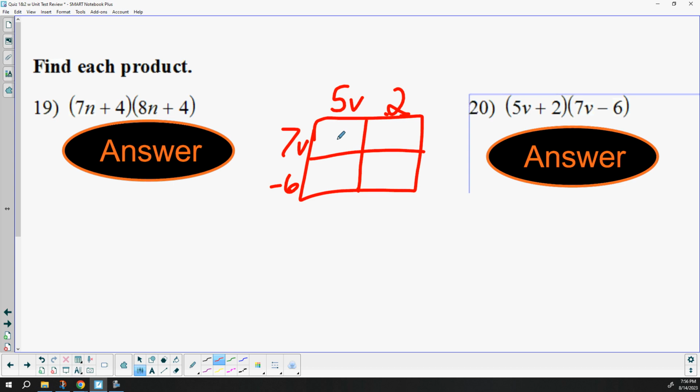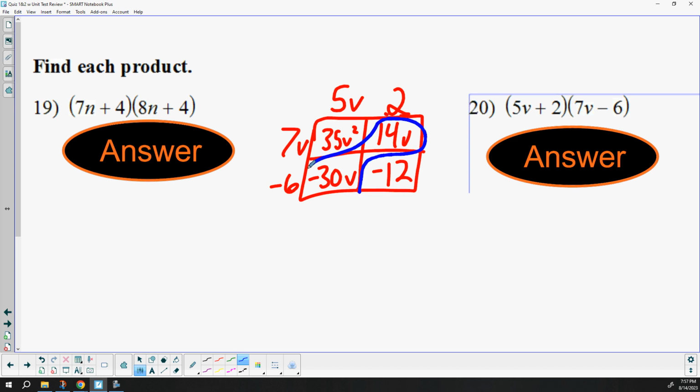7 and 5, 35. Remember, you're multiplying. 7 times 2 is 14 because we're multiplying. 5 and negative 6, negative 30 v, and then over here, negative 6 and 2 make negative 12. Remember in class, you add your peanuts.